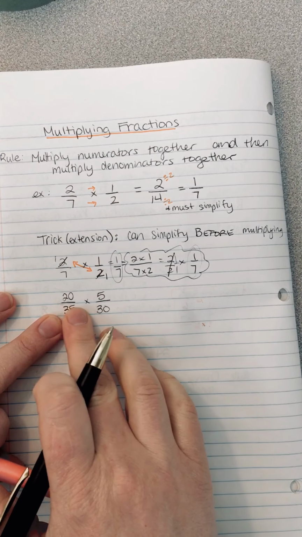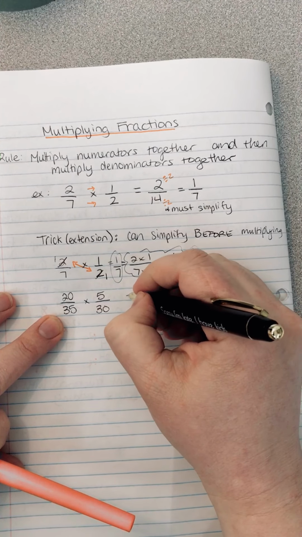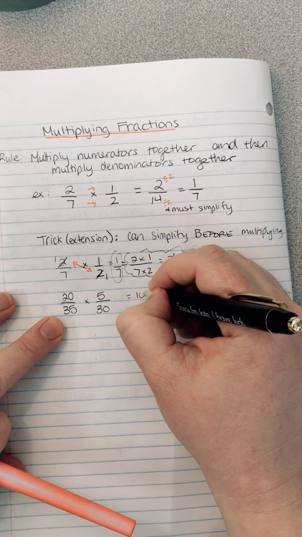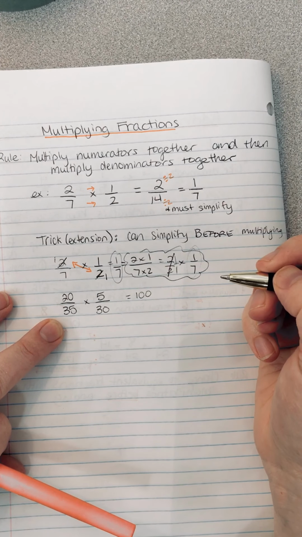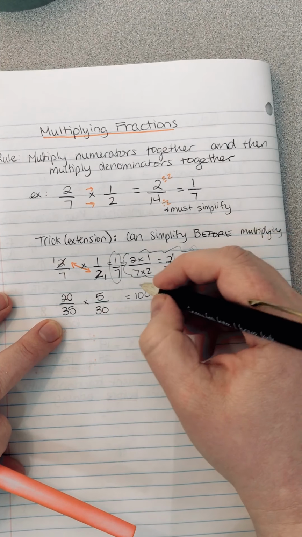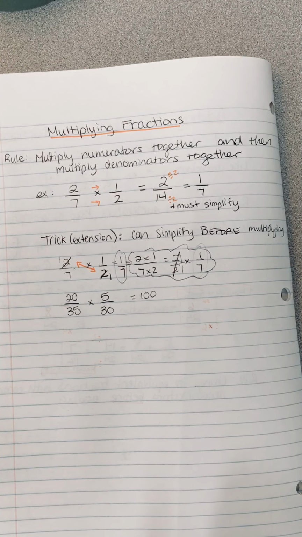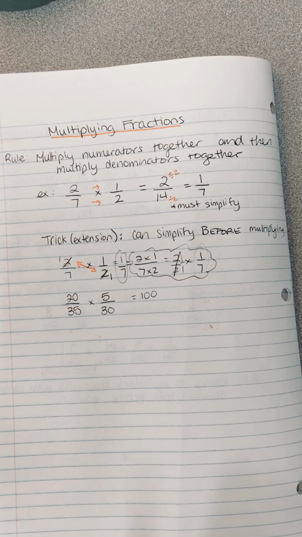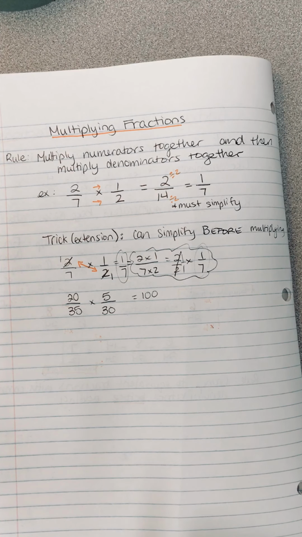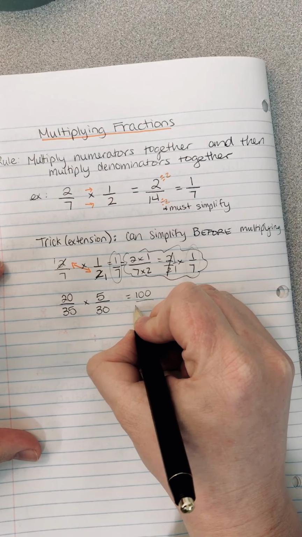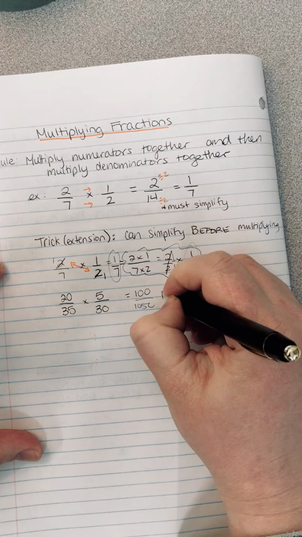Instead of going all the way across and going 100 over whatever 30 times 35 is, I'm going to get out my calculator because Miss Bertrand doesn't want to do that in my head right now. 30 times 35, punch that into a calculator, is 1,050. And then you'd have to work on how to reduce this.